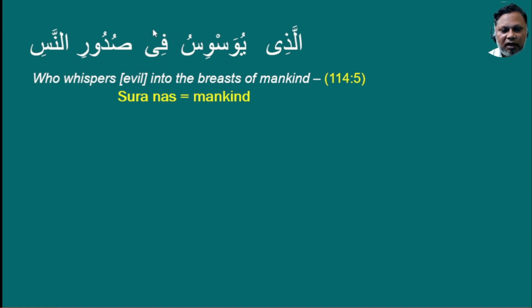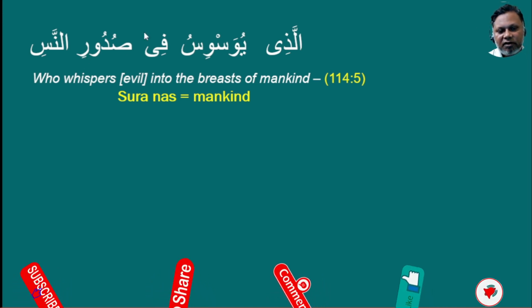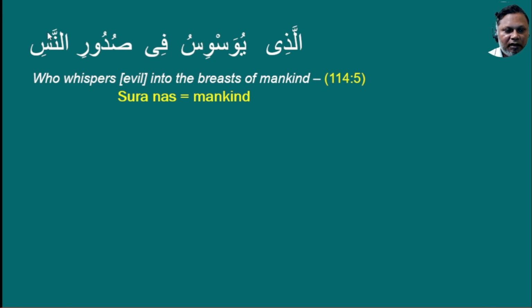Fi is a harf jar. Because of the harf jar, suduru becomes suduri. The dhamma comes down to kasra because of this harf jar. And annasu becomes annasi because it is mudaf ilayhi. This is the relation between mudaf and mudaf ilayhi that we have briefly discussed in our previous lesson, and we will have other lessons for a detailed discussion, inshallah.